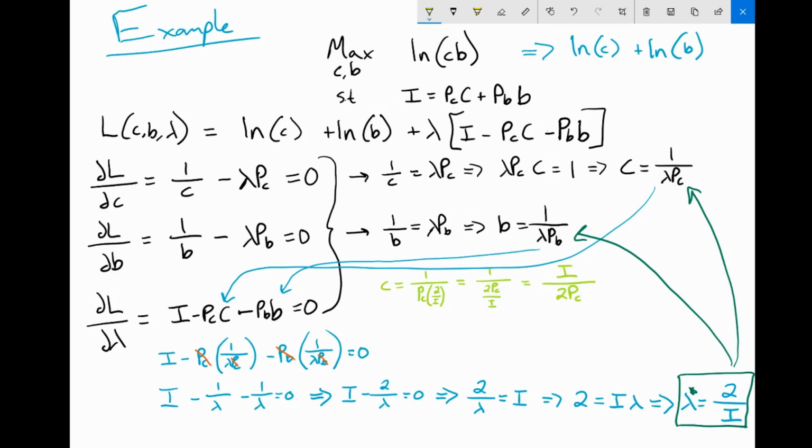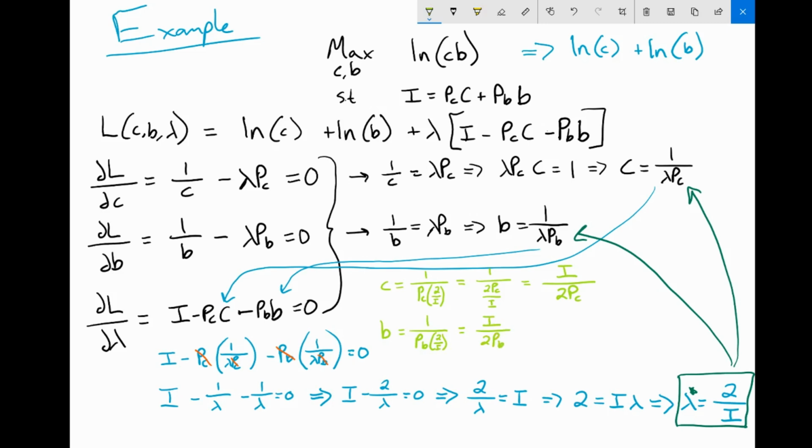Now I have C in terms of only parameters. That means I'm done. Let's do the same thing for B: 1 over PB times I over 2. I can skip some steps this time and go straight to I over 2PB.